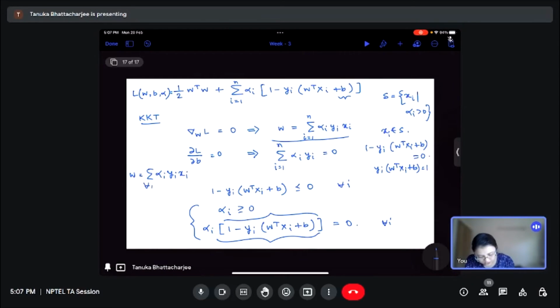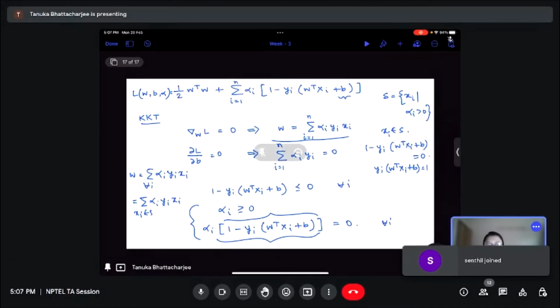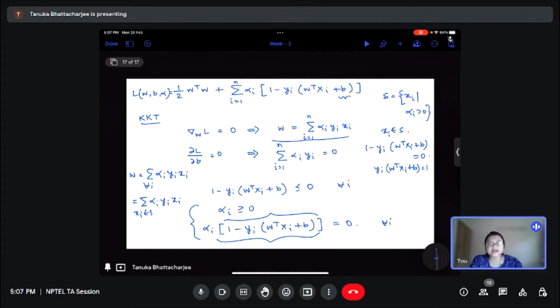Now whatever alpha i are 0, those don't contribute, so you will have only those for which alpha i is positive, that is only for xi an element of S. So your w is only a linear combination of your support vectors, and the alpha i's corresponding to these support vectors are positive.